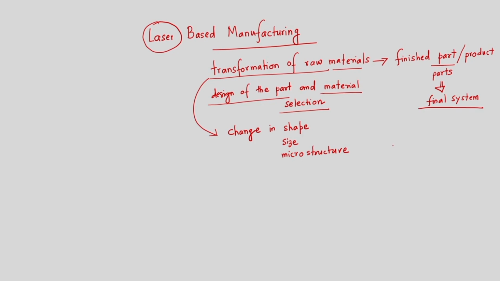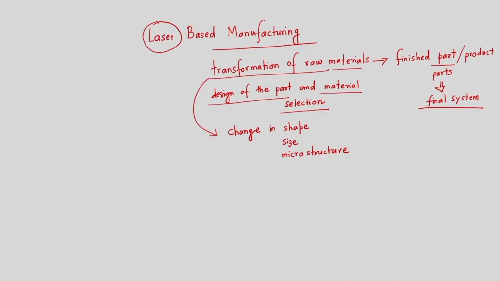For example, in rolling operation, metal sheet rolling operation, there is the grain refinement during the rolling operation. We are reducing the thickness of the sheet during the rolling operation, simultaneously there is change in the microstructure as well. Then in casting operation as well, when we pour the molten metal inside the mold cavity, it gets solidified, and during the process of solidification there is a change in the microstructure of that particular metal.